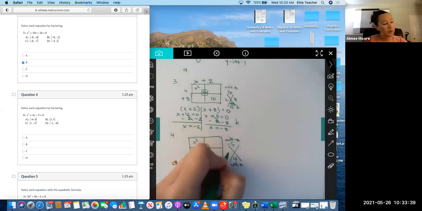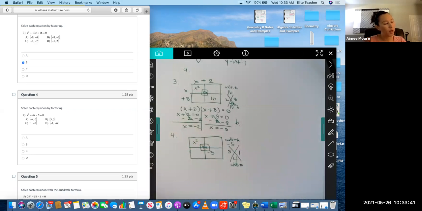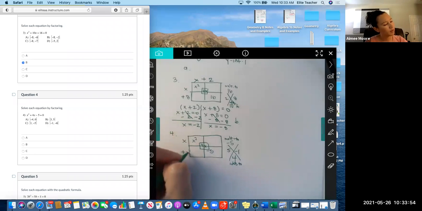So we know it's got to be 5 and 1 since 5 is a prime number. So then it needs to add to +4, which means our bigger number needs to be positive, and so we make our smaller number negative. So it'd be x plus 5 and x minus 1.